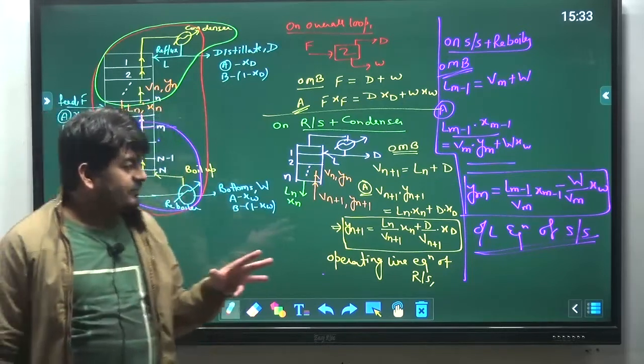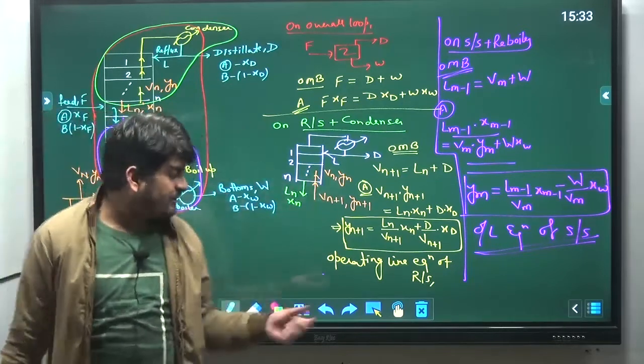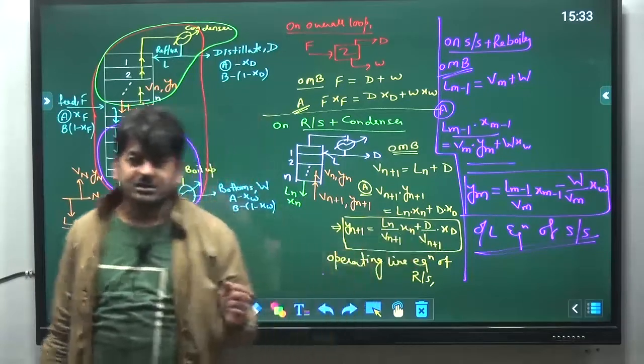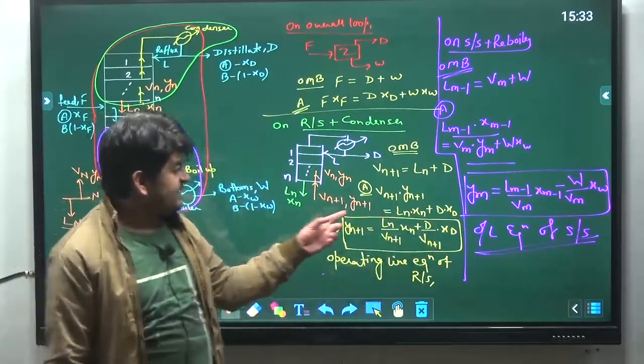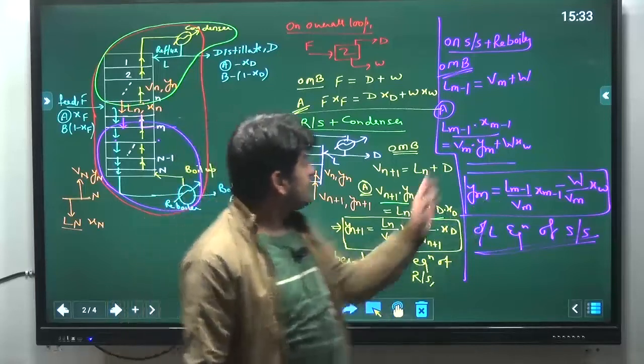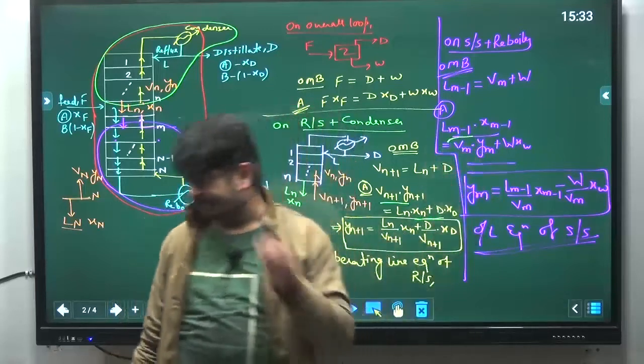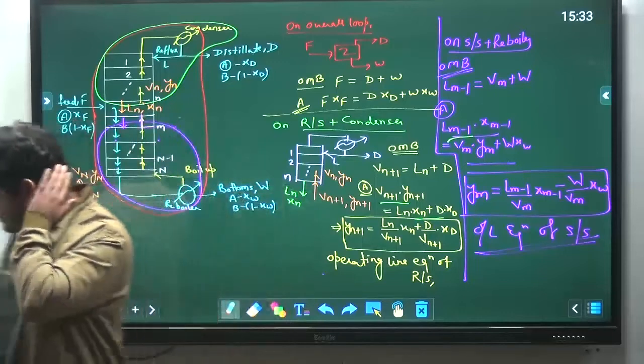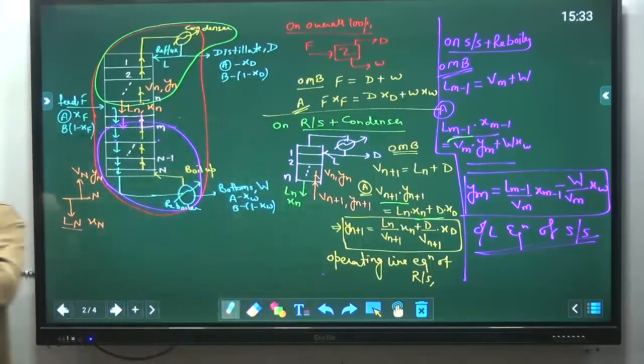So can anyone of you tell me what will be the units of every equation here? Like for the mole balance equation we have this. What will be the units?